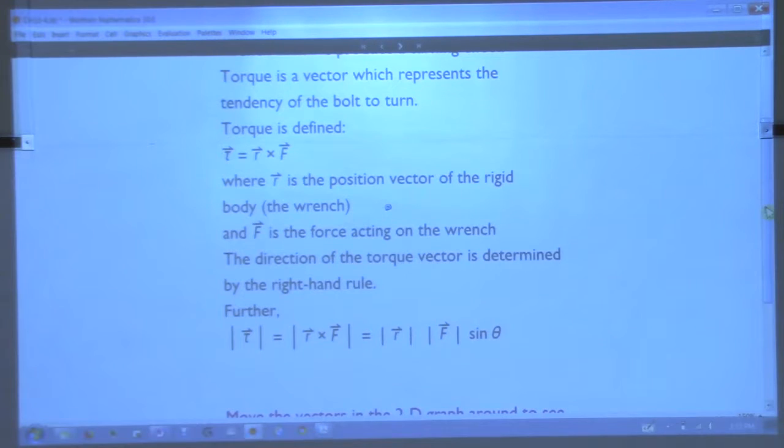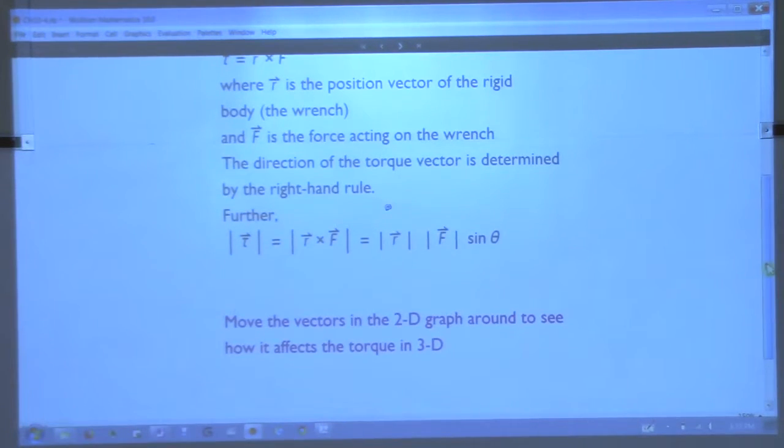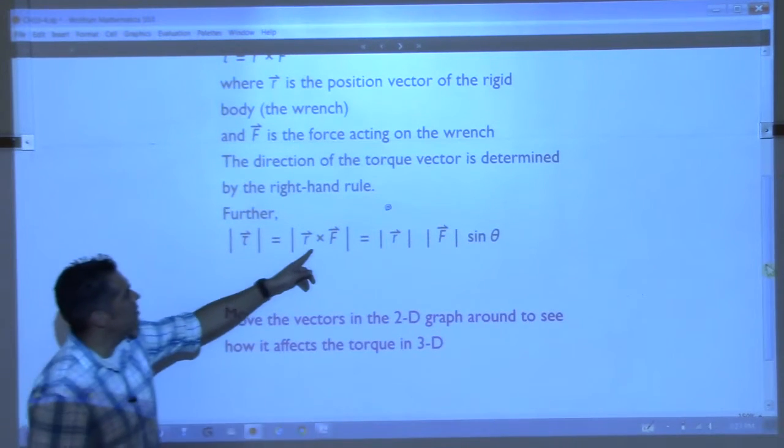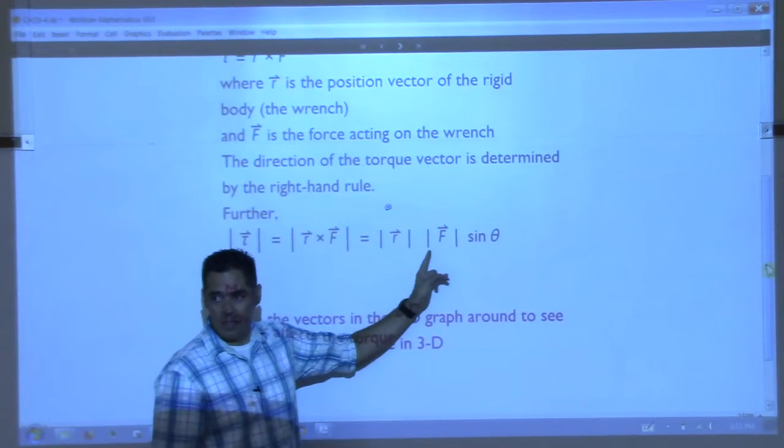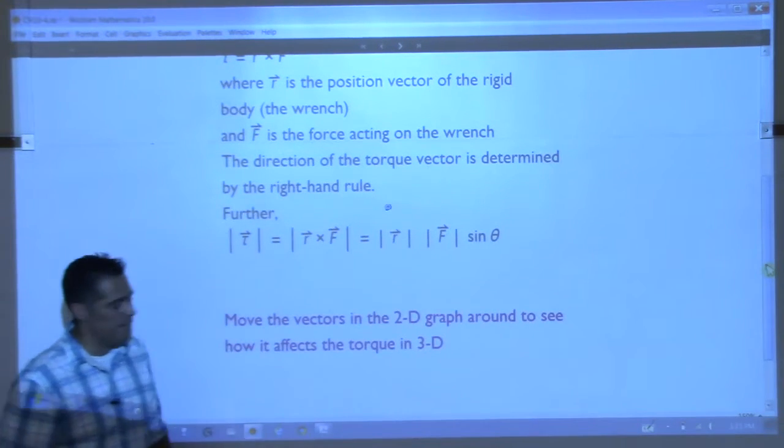The direction of the torque is determined by the right-hand rule. Further, the magnitude of the torque is the magnitude of the cross product, which is that formula that we had a second ago. This is actually pretty important. I'm going to show you something now.